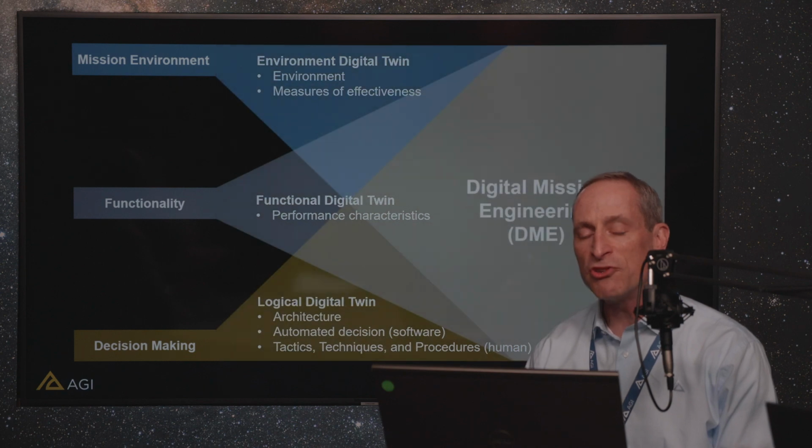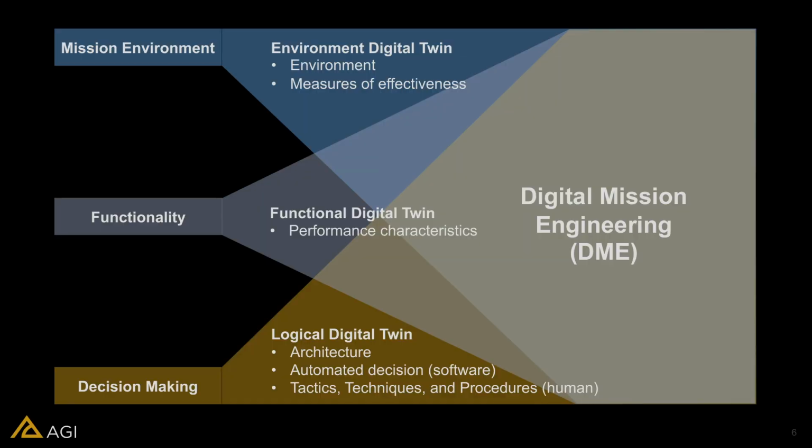For the Digital Mission Engineering Initiative, what we're really talking about is bringing all of these three together and evaluating how our engineered systems and systems of systems, as we apply our operational procedures to them, are effective or are not effective at executing our mission outcomes. So in a nutshell, that's what we mean when we're talking about digital mission engineering.